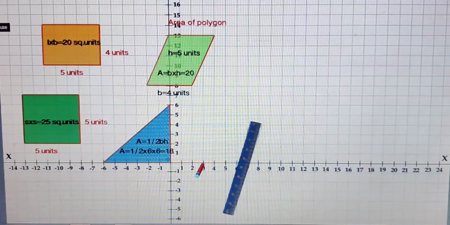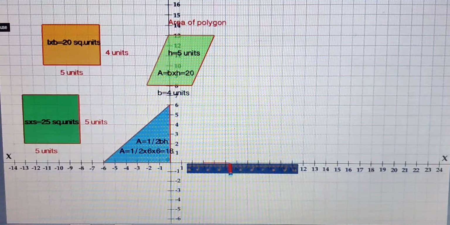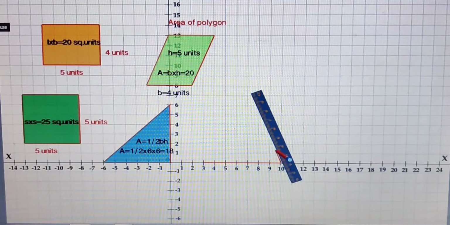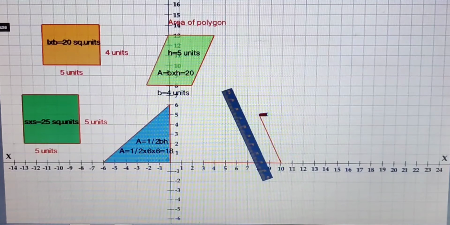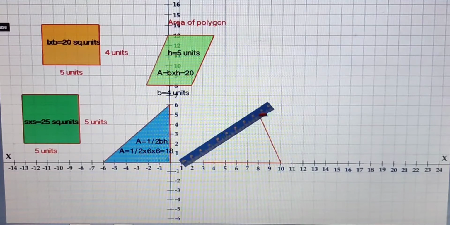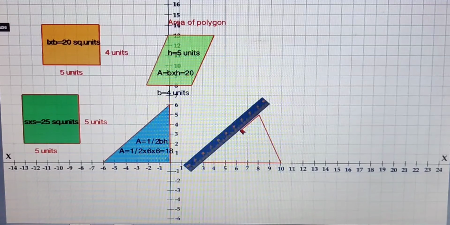Okay, the next figure is, see what is this? This is the base. This is a triangle, any triangle. It is a scalene triangle, but the area of a triangle is always 1 by 2 base into height.